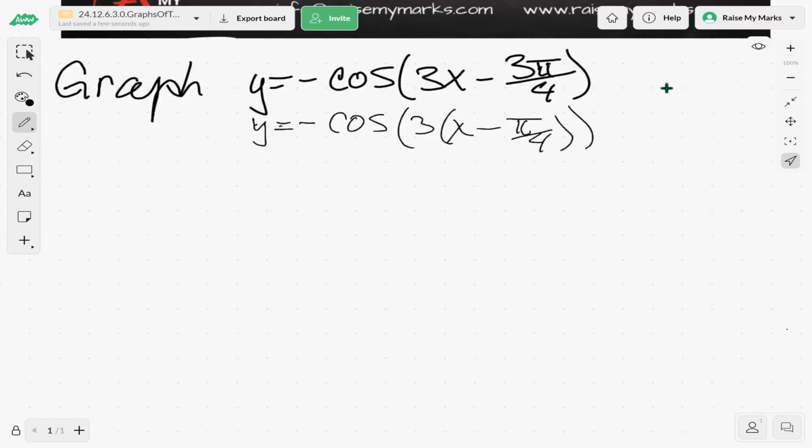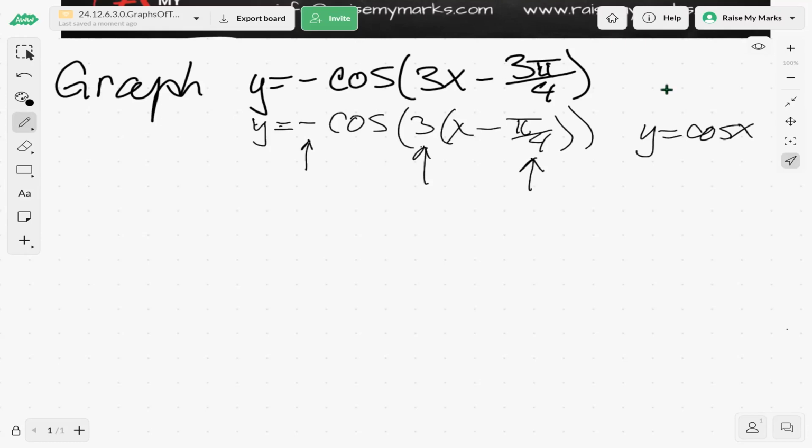All right, so why do we do this? We do this to try and figure out what all our transformations are on our parent function. Our parent function is y equals cos x. If we notice, we have a few different transformations. We have this negative sign, this 3, and then this pi over 4. This negative sign, what does it do?